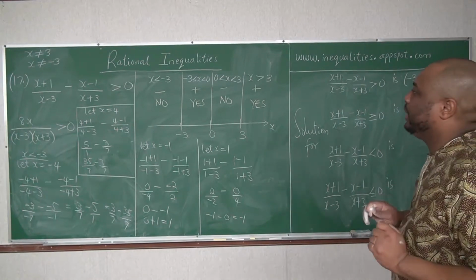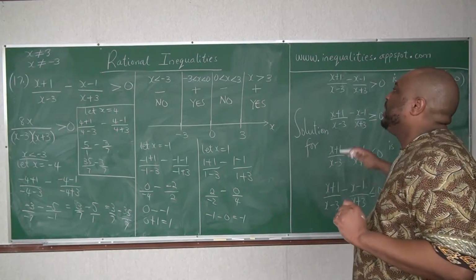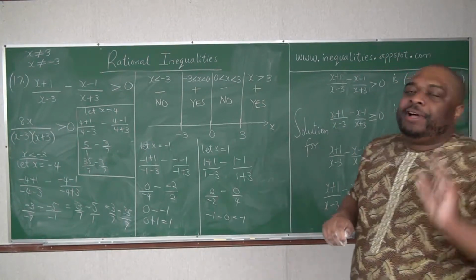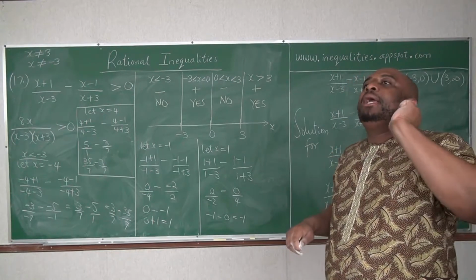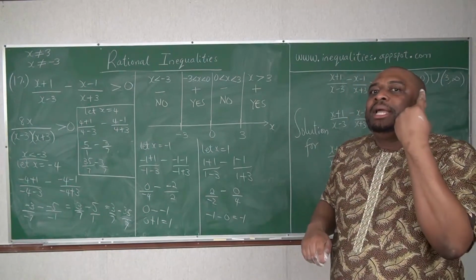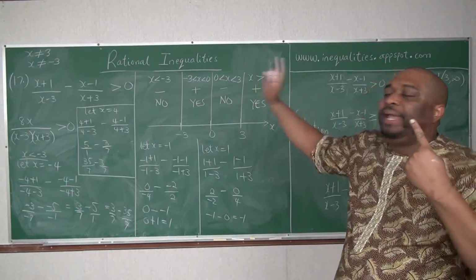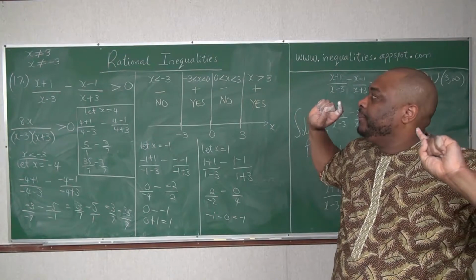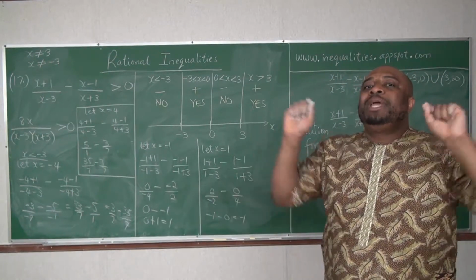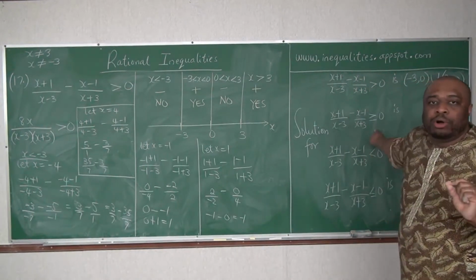Now, second one, if we have question 18, if we have greater than or equal to, we first of all see, hey, what is not included in the domain? 3 is not included in the domain. Negative 3 is not included in the domain. So we have to consider that when we are doing greater than or equal to.